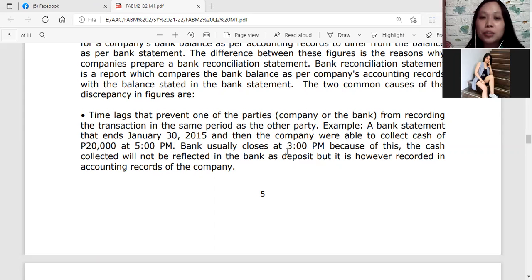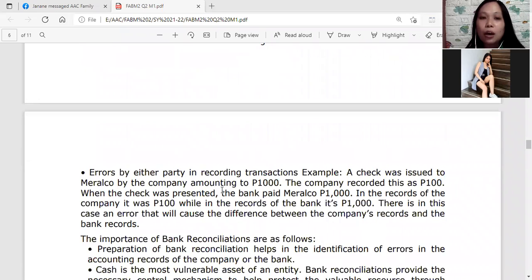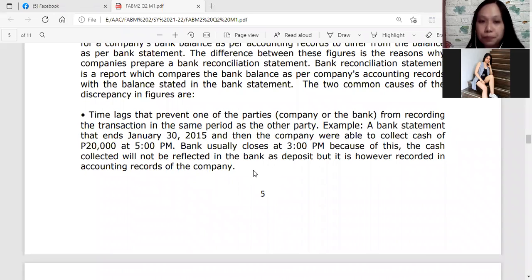And the bank usually closes at 3 p.m. Because of this, the cash collected will not be reflected in the bank as deposited, but it is however recorded in the accounting records of the company, which means that it will not be reflected on that date because nag-close naman ang bank. It will be recorded on the next day. Pero sa company, it has been recorded already. Okay? So you call that as time lags.